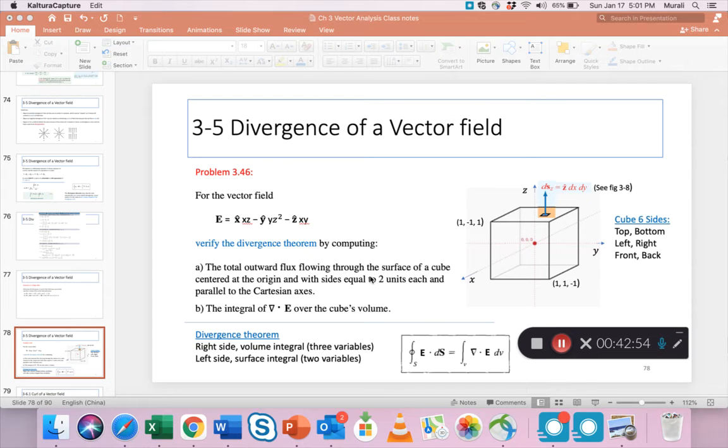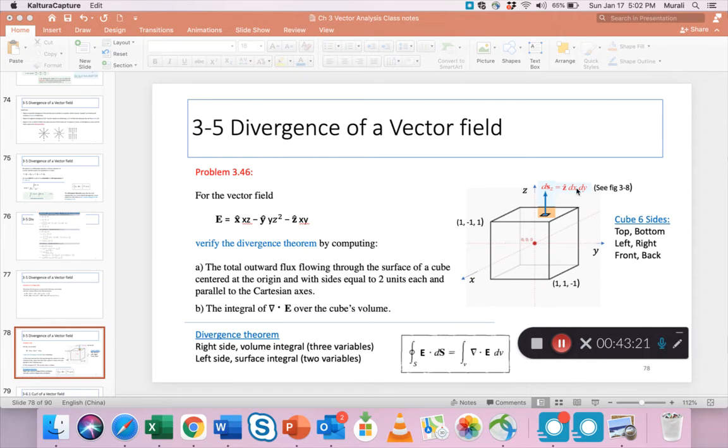But the nice thing is the divergence theorem tells us that you can do flux both ways. You can do it as an integral of a volume, or you can do it as an integral of a surface area. And in fact, we are being asked to prove that both ways of calculating gives you the same value.